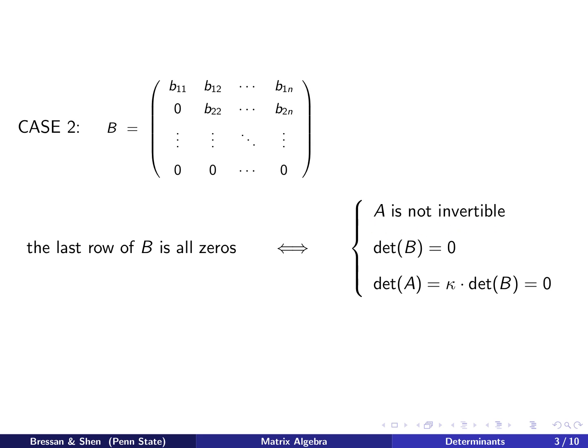Also in this case, we see that the determinant of B will be the product of the diagonal, which includes at least one 0. So it's 0. And consequentially, the determinant of A, which is kappa times that quantity, which is 0, will be 0.